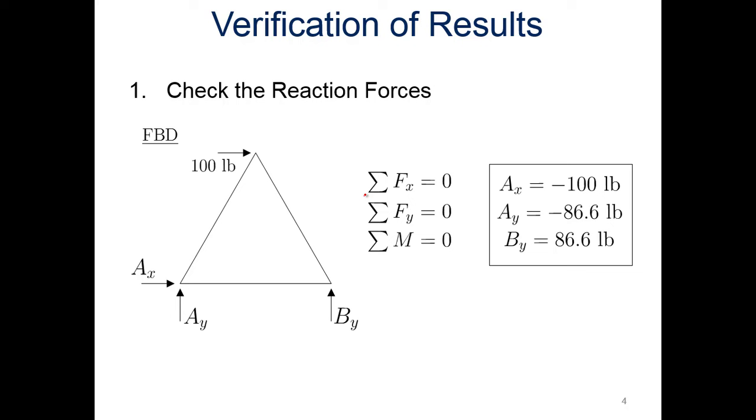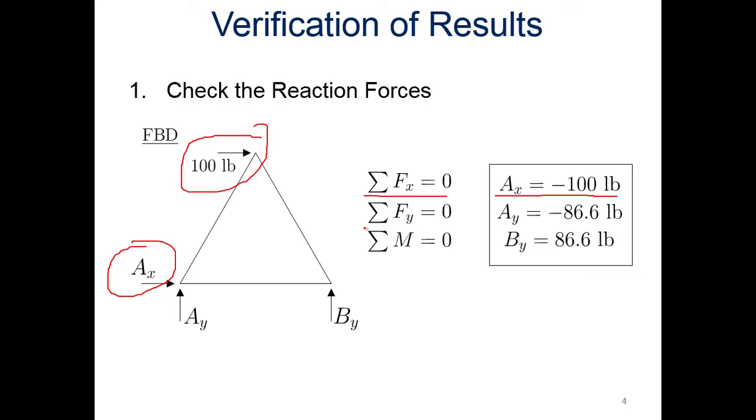If we look just at the forces, the sum of the forces in the x direction, all we have is the 100 pounds, and then we have this reaction force at node A. And we can quickly find that the reaction force at node A in the x direction is negative 100 pounds.